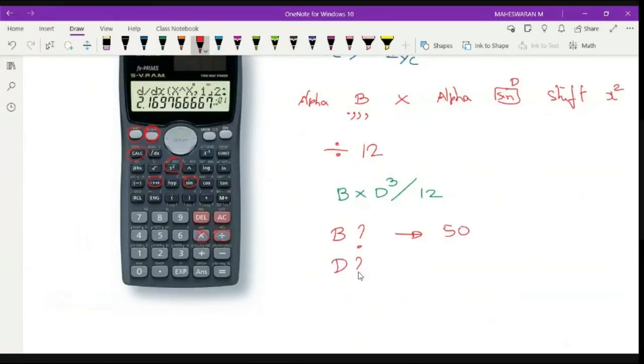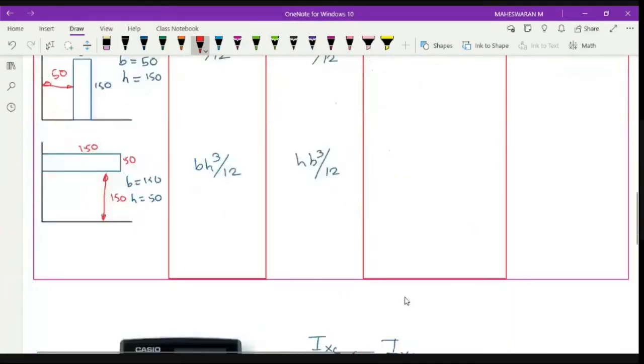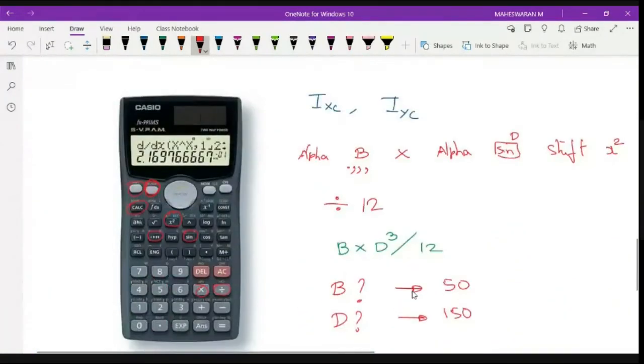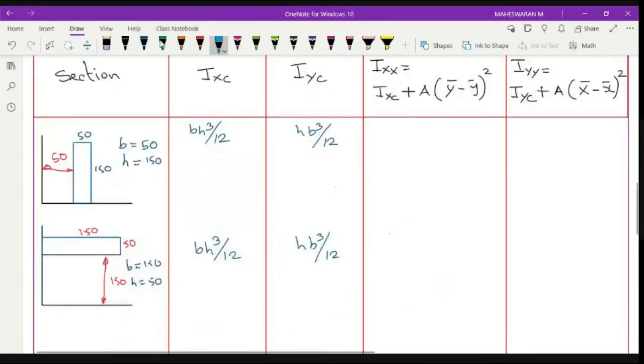Now it will ask what your D data is. Enter 150, then press equal to and you will get the answer. What answer are you getting? You will get lots of digits because the moment of inertia is very, very large. Press the ENG button to get it in power of 10: 14.06 into 10 power 6.